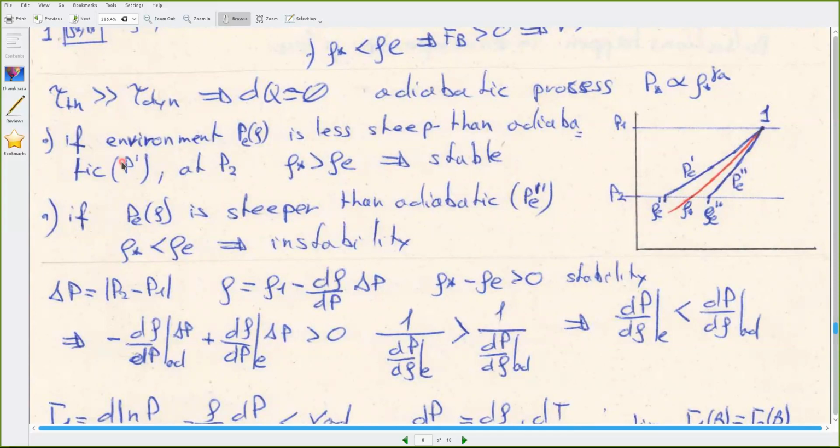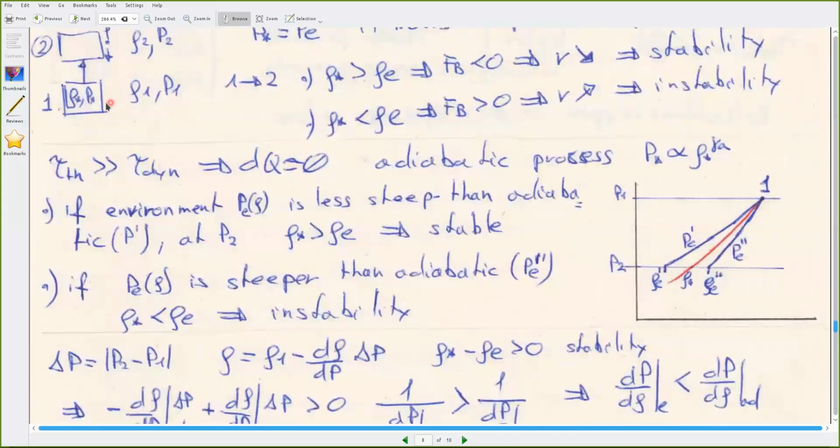That means that in the time the object moves from up to here, essentially there is no leak of energy, the heat stays the same, and we have an adiabatic process.